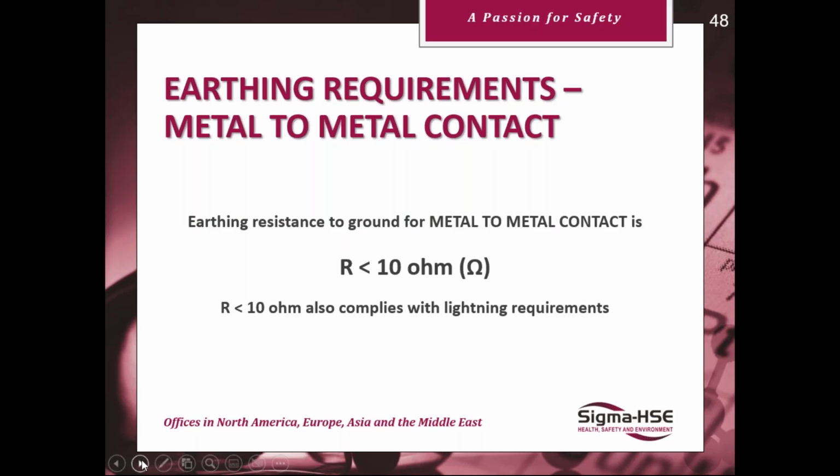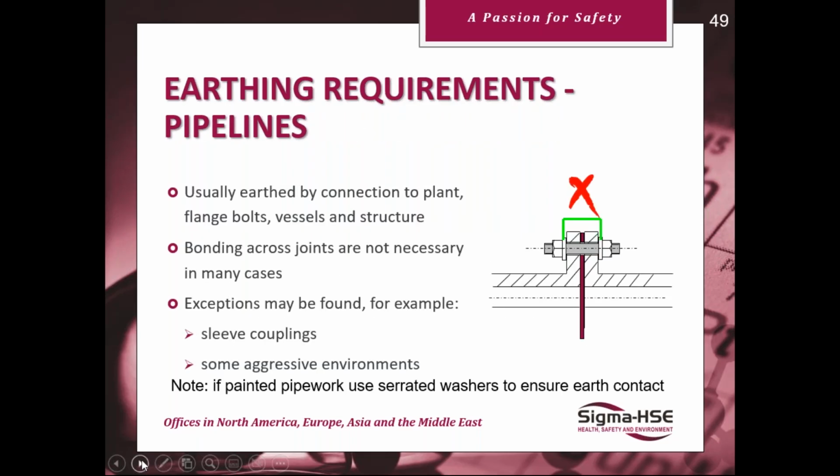Earthing resistance to ground for metal-to-metal contact, R, should be less than 10 ohms. Also complies with lightning requirements. So this is the figure you should be looking at when you're measuring ground for earthing of all metal plant. So for pipelines, usually earth by connecting the plant together with flange bolts, vessels and structures.